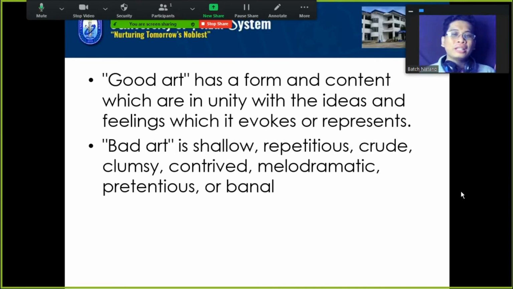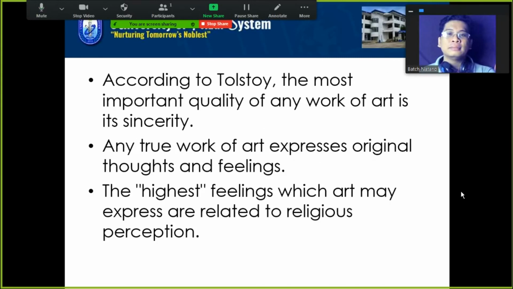So, good art has a form and content which are in unity with the ideas and feelings which it evokes or represents. Bad art is shallow, repetitious, crude, clumsy, contrived, melodramatic, pretentious, or banal. Banal is parang pangit yung presentation. According to Tolstoy, the most important quality of any work of art is its sincerity.